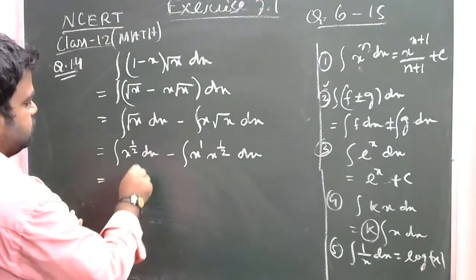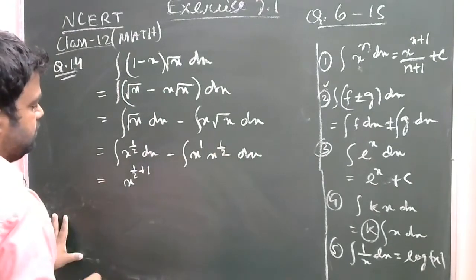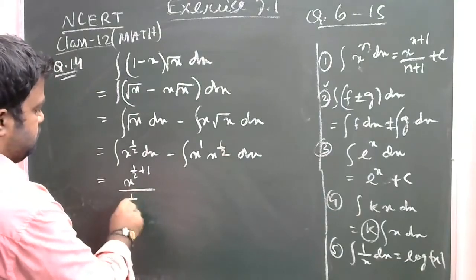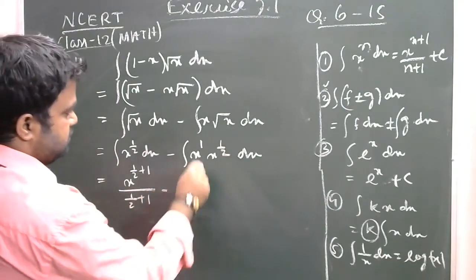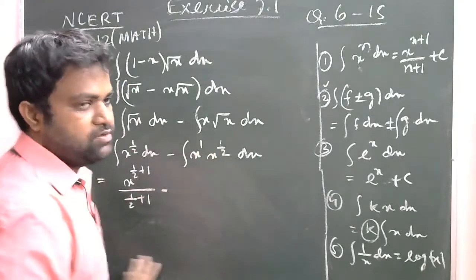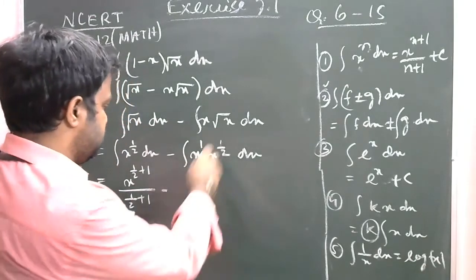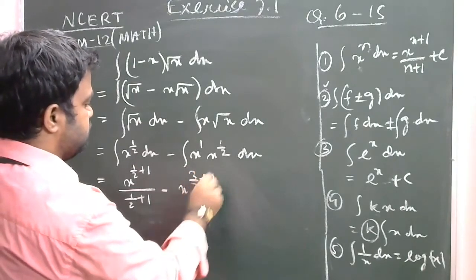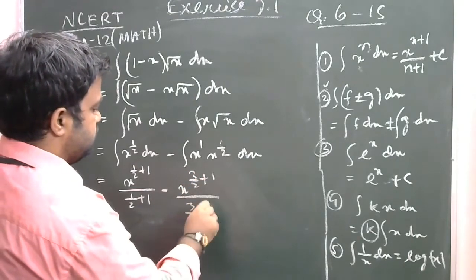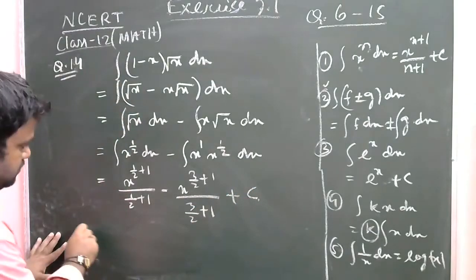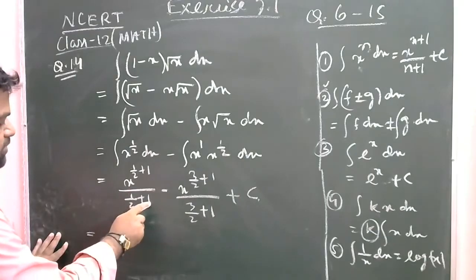So this is half plus 1 by half plus 1 minus, this is what, half, 1 plus half is 3 by 2. So x to the power 3 by 2 plus 1 by 3 by 2 plus 1, see, so this is half plus 1, 3 by 2.